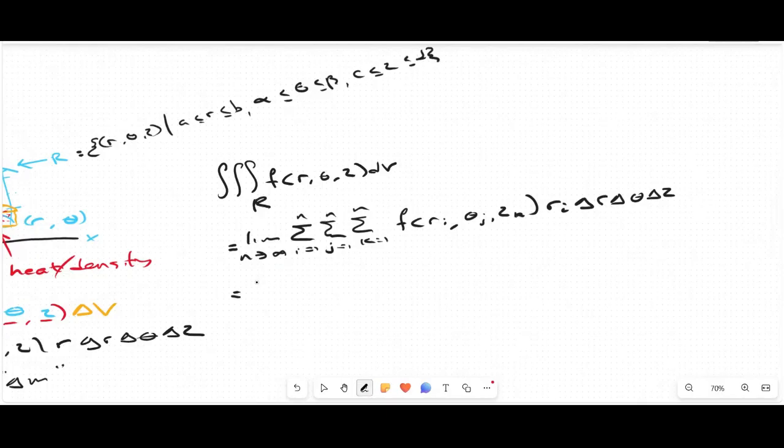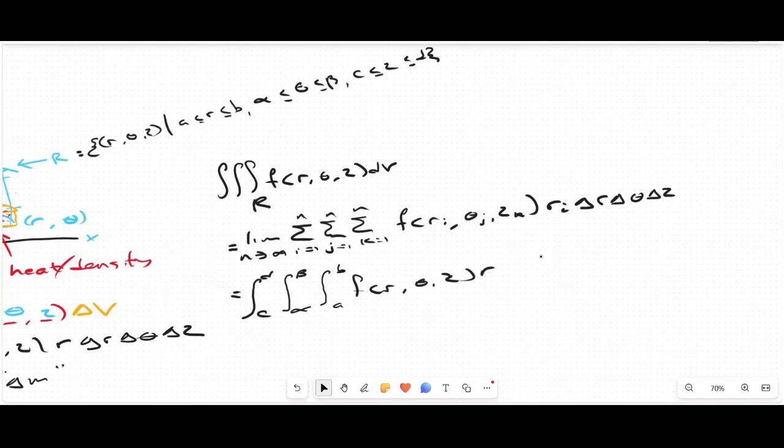Then this actually comes out to be an integral. We can write this in many orders, but let's go with the one that I just put. So R, well, no, I want R on the inside. Let's take Z from C to D, theta from alpha to beta, R from A to B. And now our integrand is not just F anymore.